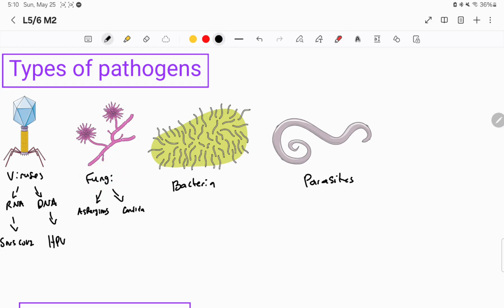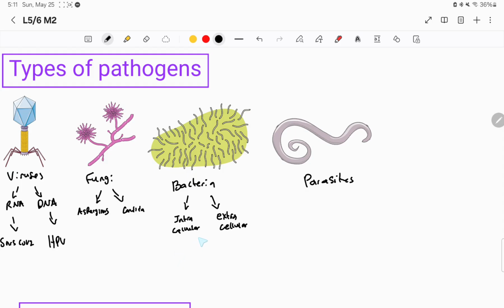The other thing is bacteria. And bacteria are really interesting. They are single cell, non-nucleated, meaning they don't have a nucleus like us. And they can either be intracellular or extracellular. Extracellular means that they reside outside of the cell and do their damage to us from the outside, or they can be intracellular, meaning that they go into our cells and damage us from within.